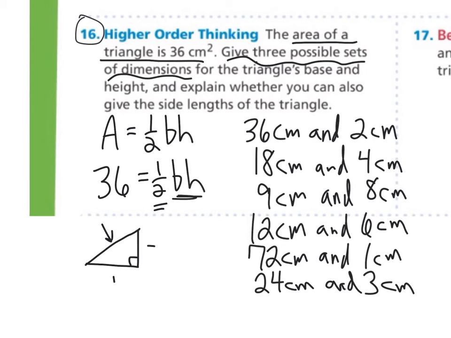We'll learn about that maybe in 8th grade, but for right now, we're just going to say we don't even know what kind of triangle it is, so there's no way for us to tell for sure the side lengths, because the height, remember, the height could be just something inside the triangle, or if it's an obtuse triangle, the height could be out to the side here.